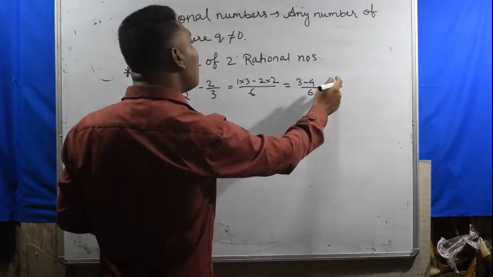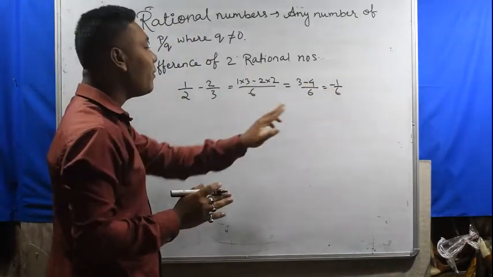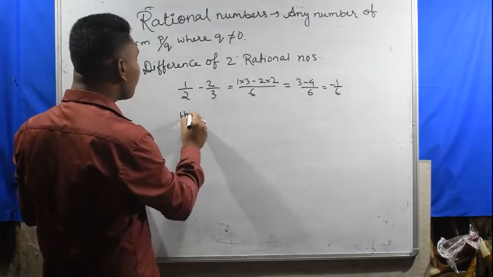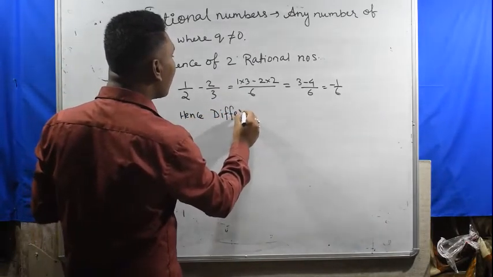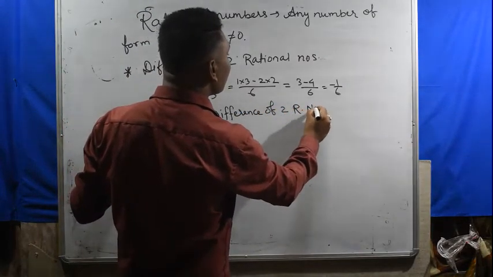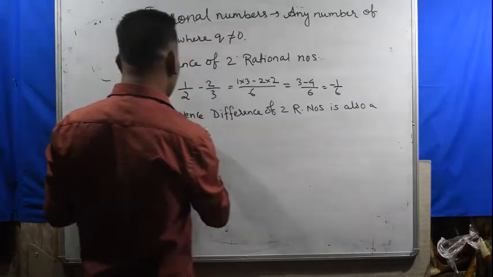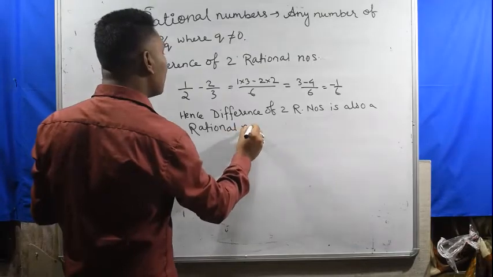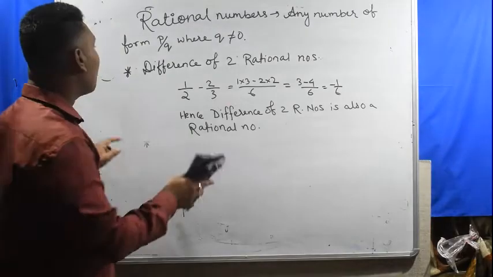So it is of the form P by Q, where P is some negative integer and Q is not equal to 0. Hence the difference of two rational numbers is also a rational number. Clear this much?